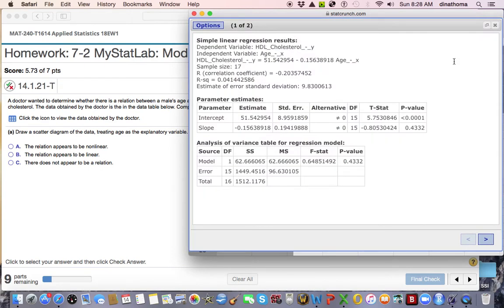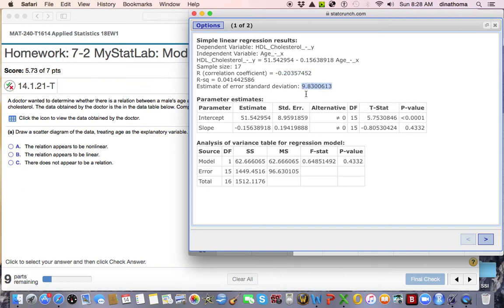Make this big. So as before, our dependent variable is our y, which in this case is cholesterol. Our independent is our age, our x. Here is our regression line. Here's our sample size n. Here's our correlation coefficient. It's really low, so we can compare it to the critical value like we have in weeks past. Here's our standard error.